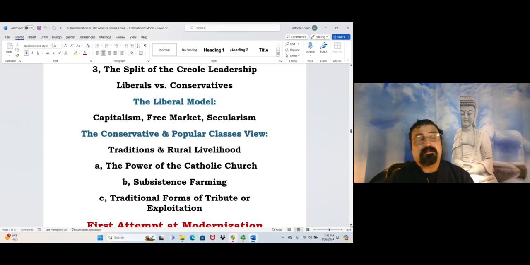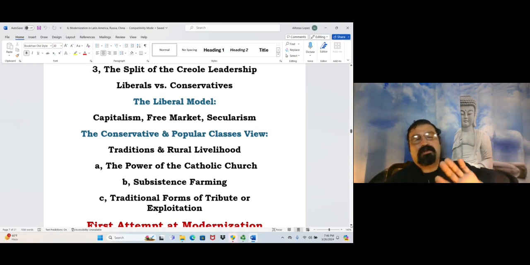The liberals tend to be very, very wary of the Catholic Church, the undue influence and power of the Catholic Church, this Spanish institution. This is the legacy of the old feudal order. And they want that influence to be significantly diminished.